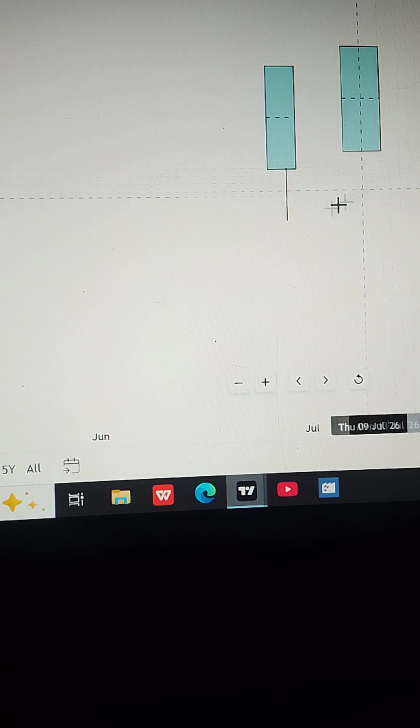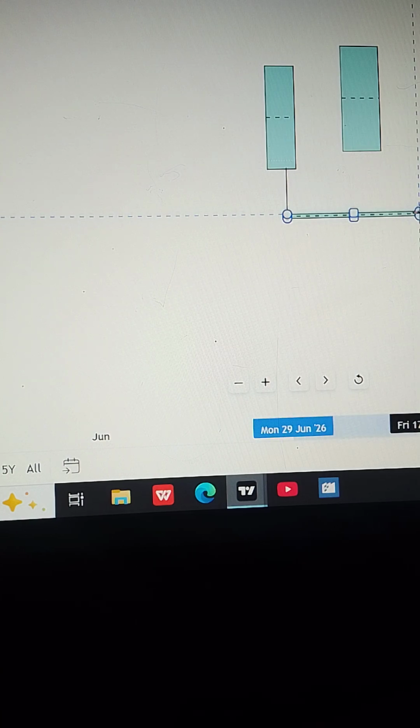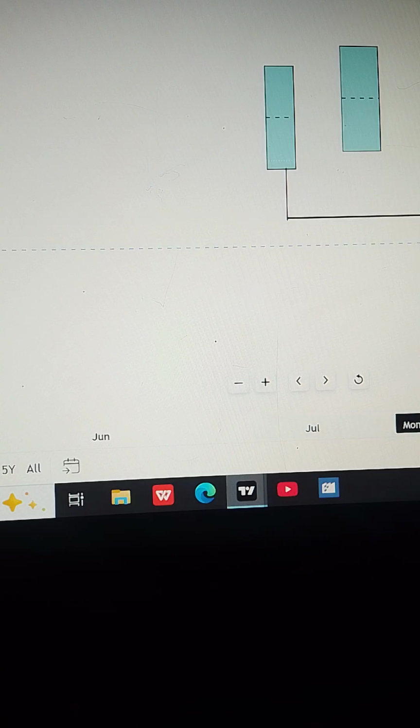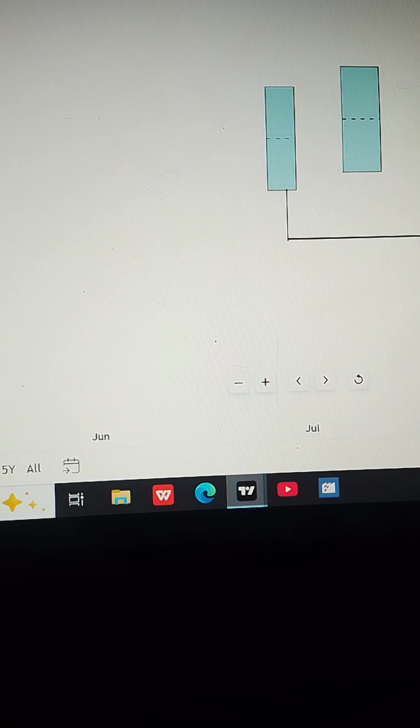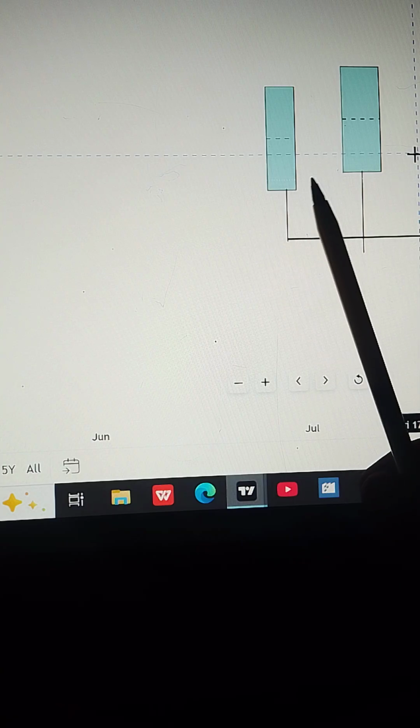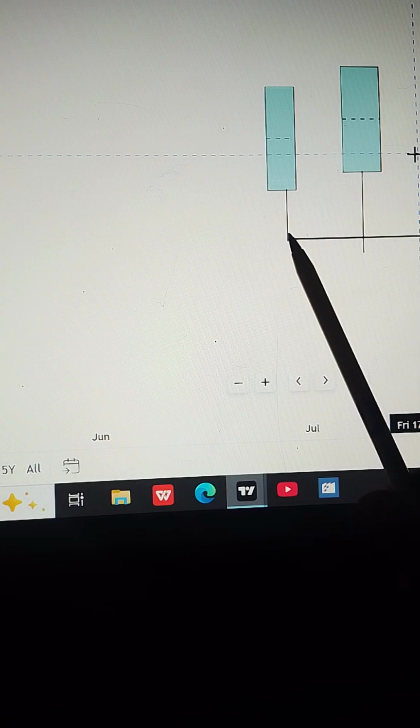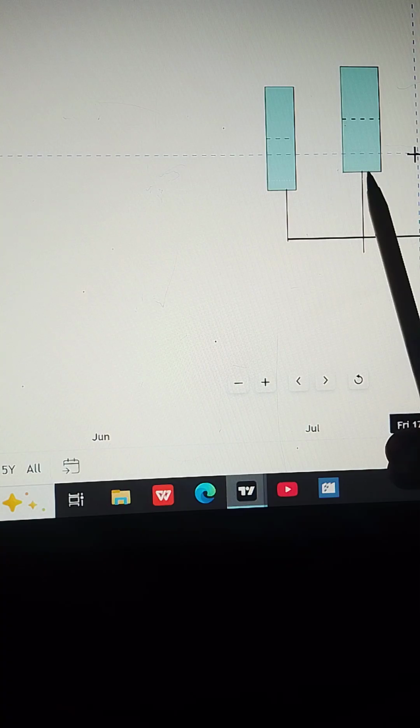So this is the low of the previous candlestick, and the current one grabs the liquidity of the previous candlestick low and closes inside.